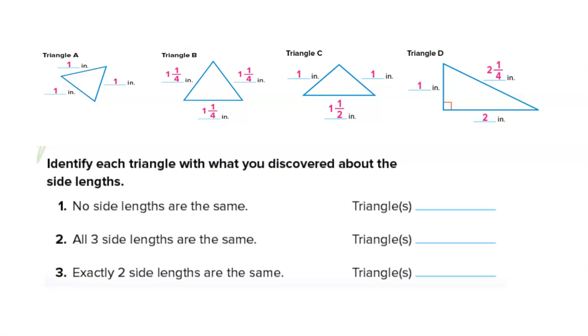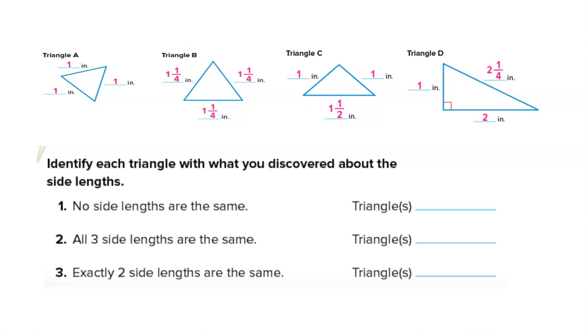So remember, we talked about how triangles A and B have sides that are the same length. So now let's look at triangle C and triangle D. Triangle C has 2 sides that are both 1 inch long, so that won't work. But triangle D, each side of that triangle is a different length.